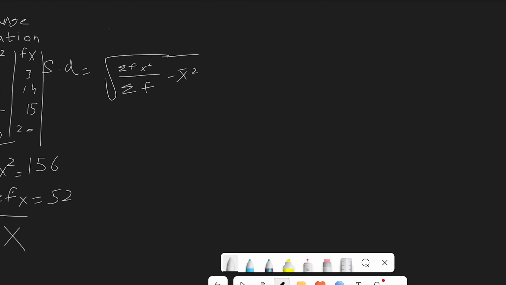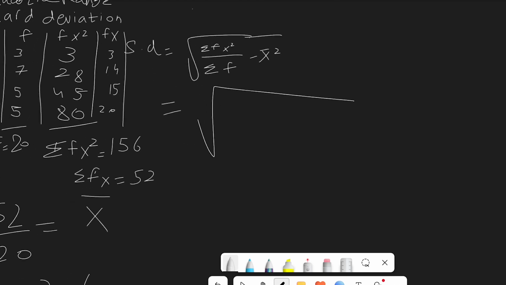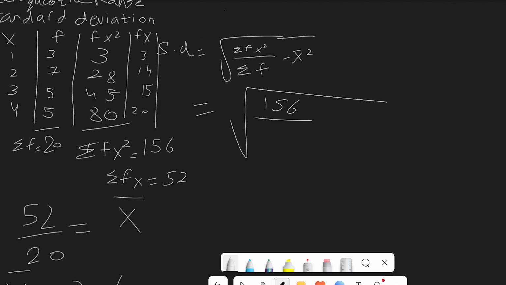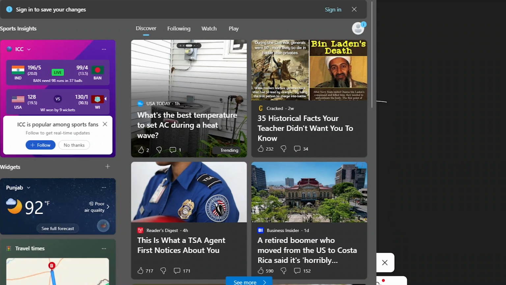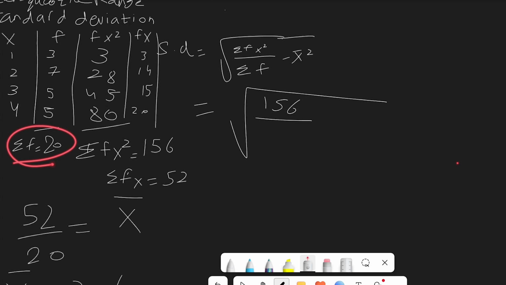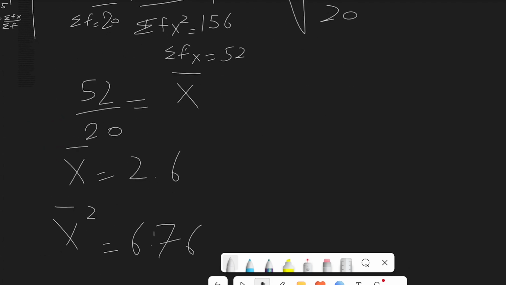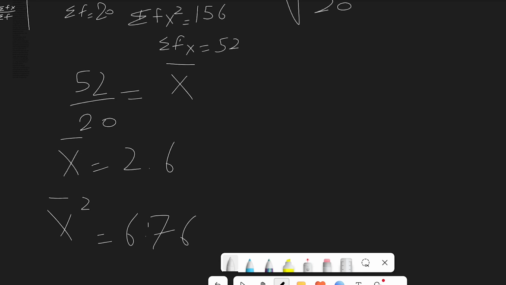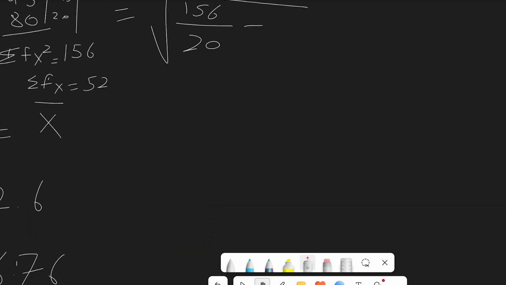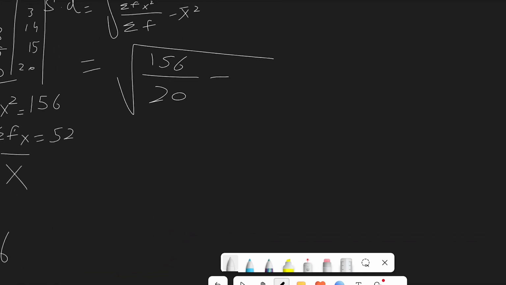Now for the standard deviation, we take the square root of sigma of fx square, which we have as 156, over sigma f, which is 20, and then subtract from it the square of the mean, which is 6.76.